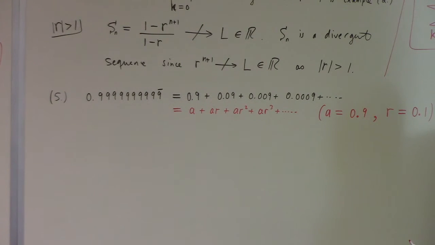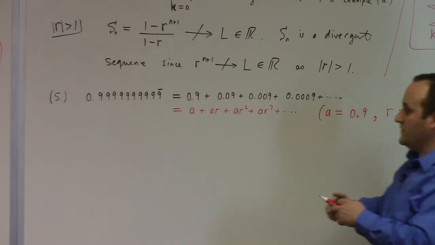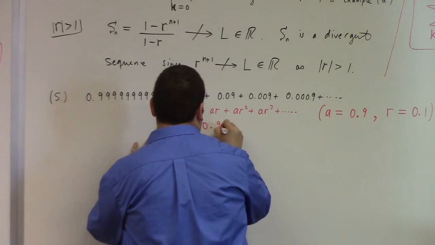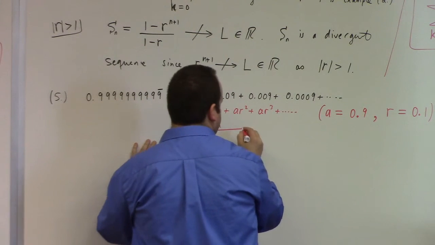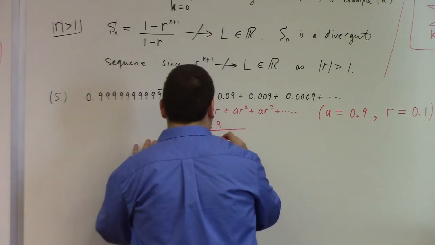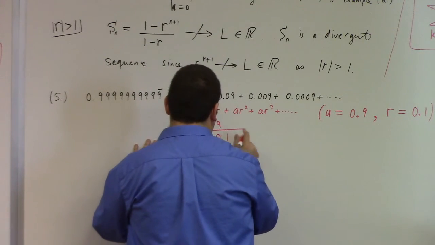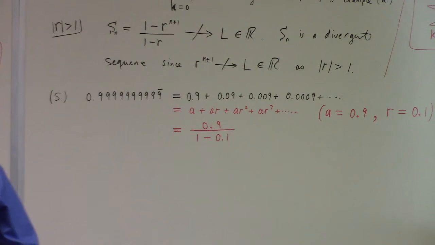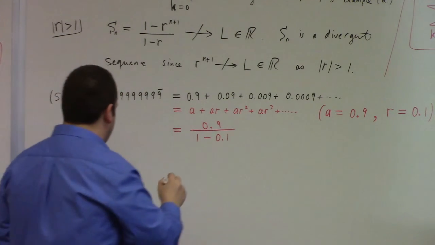This is a convergent geometric series. What does it converge to? 0.9 divided by what? 1 minus 0.1. What's this equal to? 1, yeah.